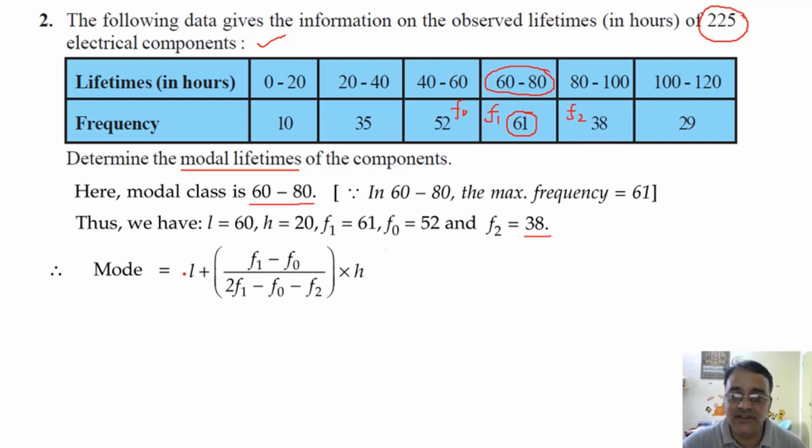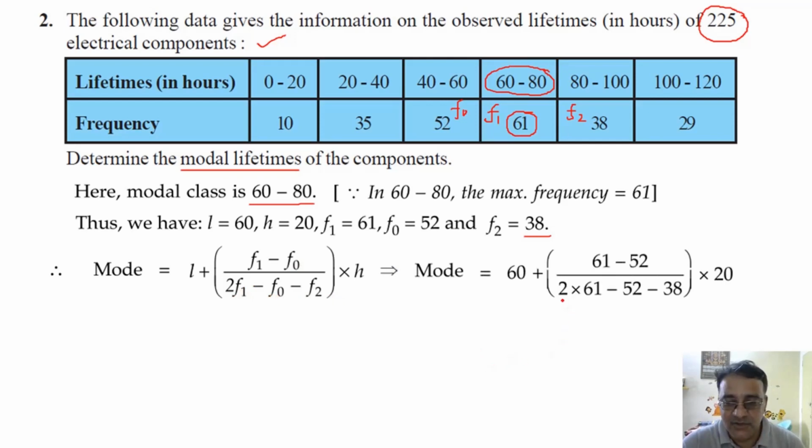Then we have to substitute: 60 plus 61 minus 52 upon 2 into 61 minus 52 minus 38. The numerator 61 minus 52 is 9. In the denominator, 2 into 61 is 122, minus 90.